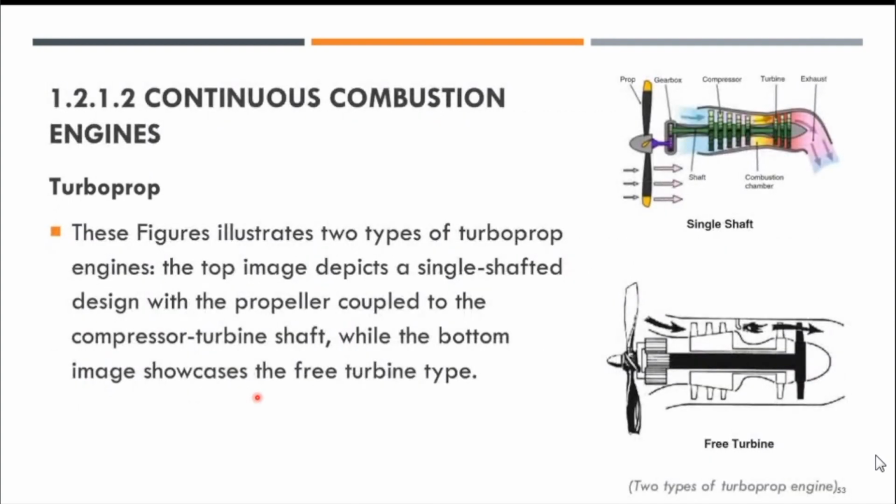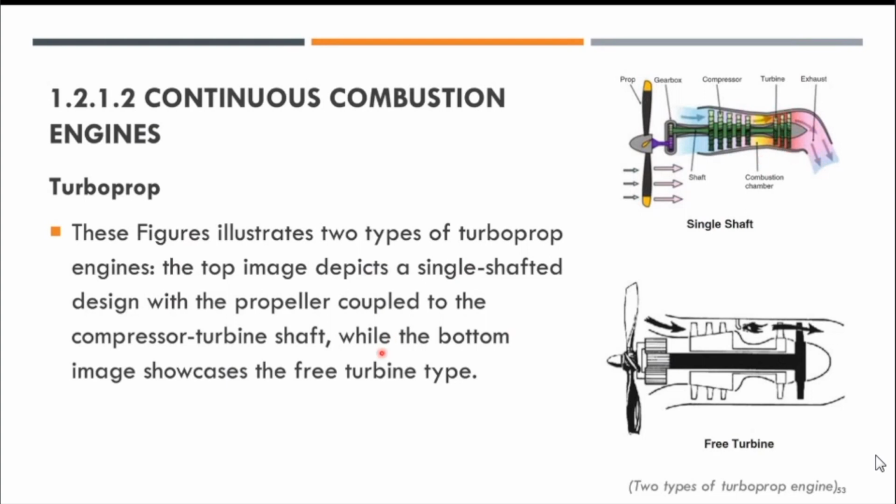So this is just the picture of a single shaft. The top figure shows a single-shafted design with propeller. You can see the propeller in front here. There is a gearbox to reduce the speed, so that it can be connected to the shaft that is interlinked with the compressor stage. The combustion chamber is that orange color, and then the turbine stage before it goes to the exhaust.